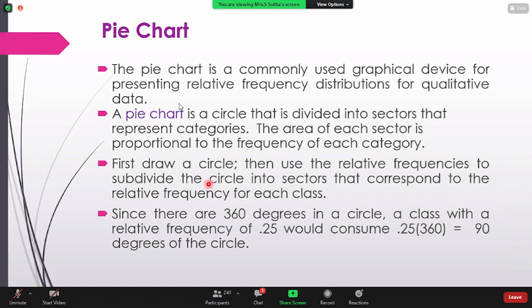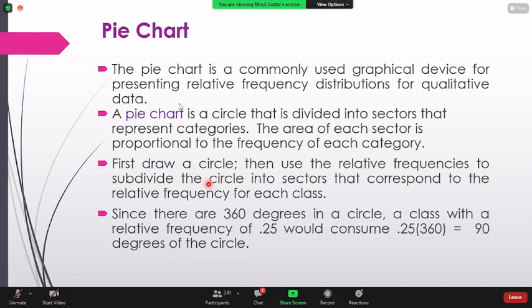Now, we are coming to another chart, the pie chart. This is also a commonly used graphical device for presenting the relative frequency distribution. The bar chart can present all three cases: frequency distribution, relative frequency distribution, and percent frequency distribution. But the pie chart, mostly we use for relative frequency distributions of qualitative data.